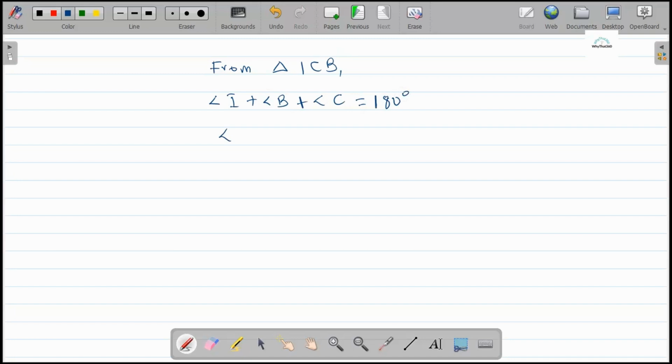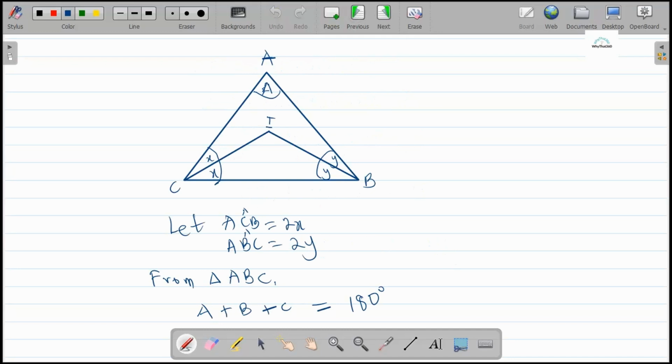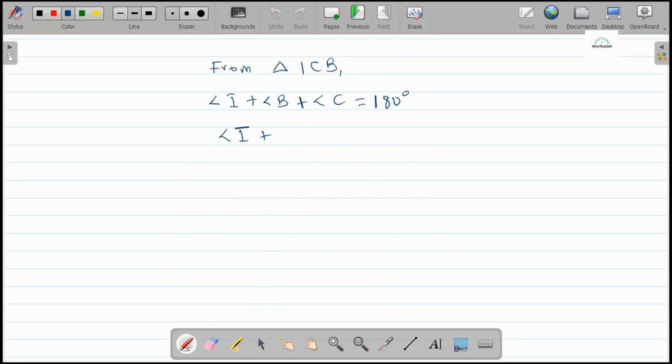So we get angle at I plus the angle at B, which is y over here, plus y, plus the angle at C, which is x, and this whole thing is equal to 180 degrees.